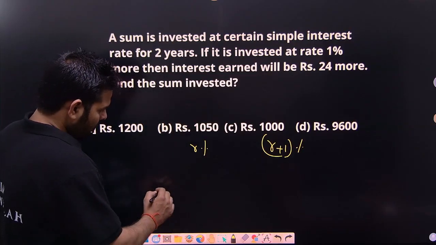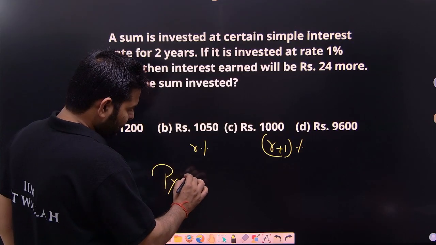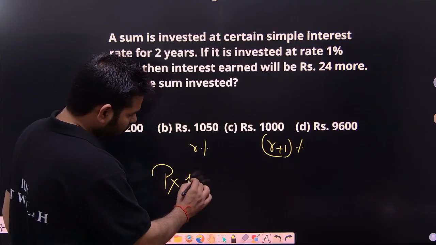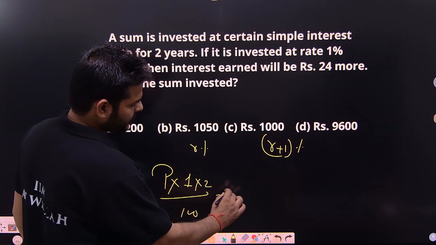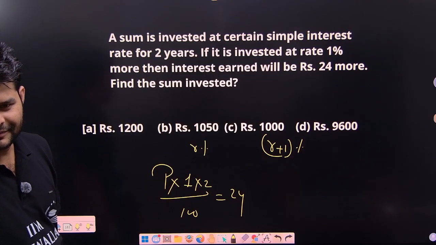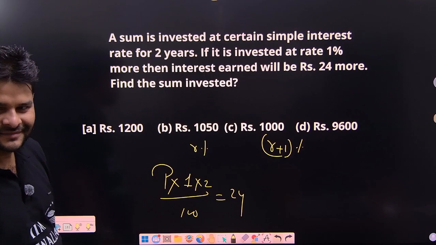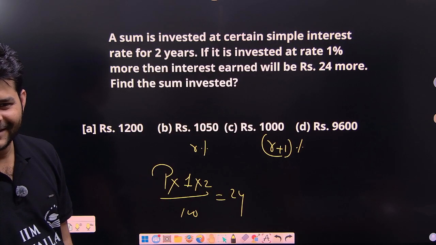So on a fixed principal, rate of interest 1 for 2 years, that is 24. Quite clear or not? Not clear.